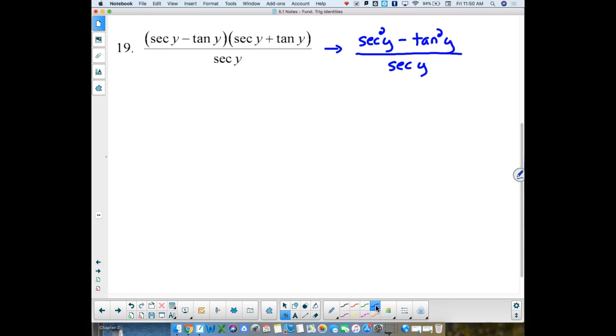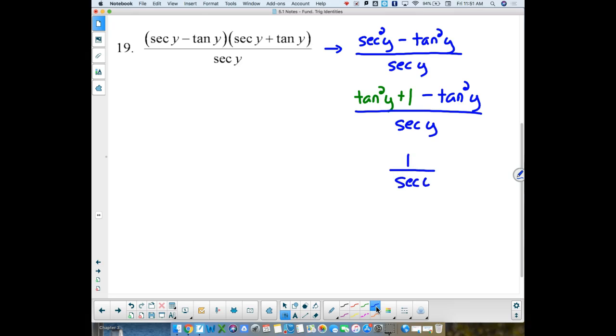No. We could split it into 2 fractions, but even easier than that, we can say that according to number 11, secant squared is tangent squared plus 1, which means my numerator is equal to 1.